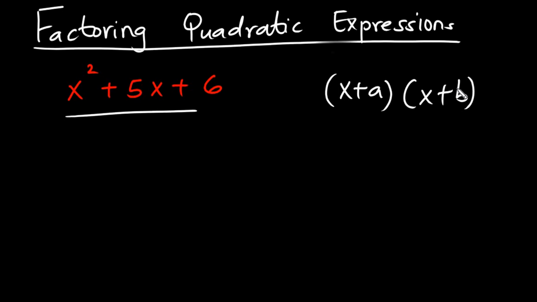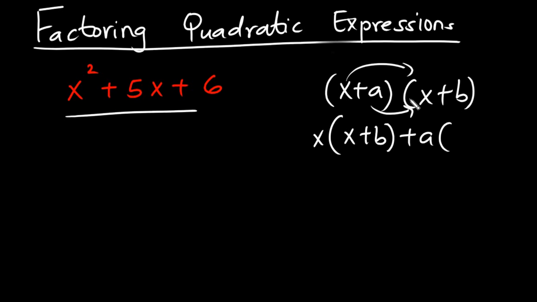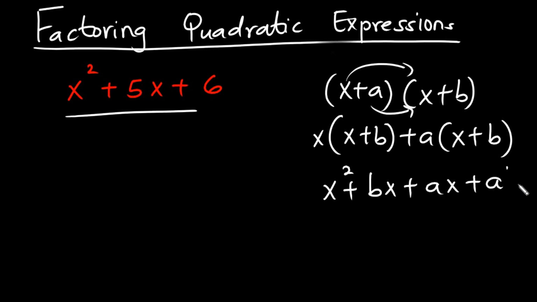Let's multiply these two. We multiply x by the other bracket, x plus b, then plus a multiplied by x plus b. So we're going to have x squared plus bx plus ax plus ab.